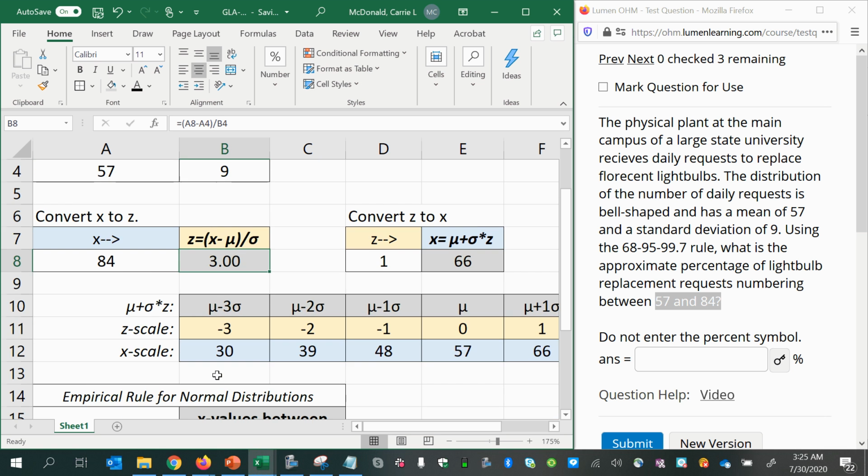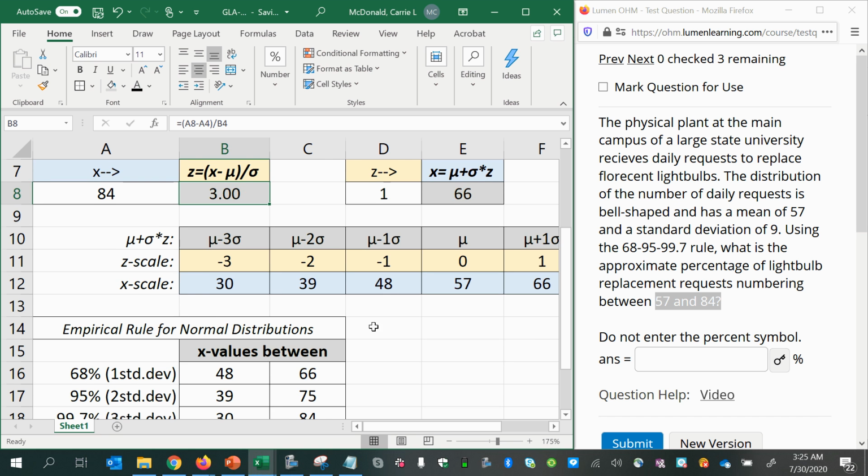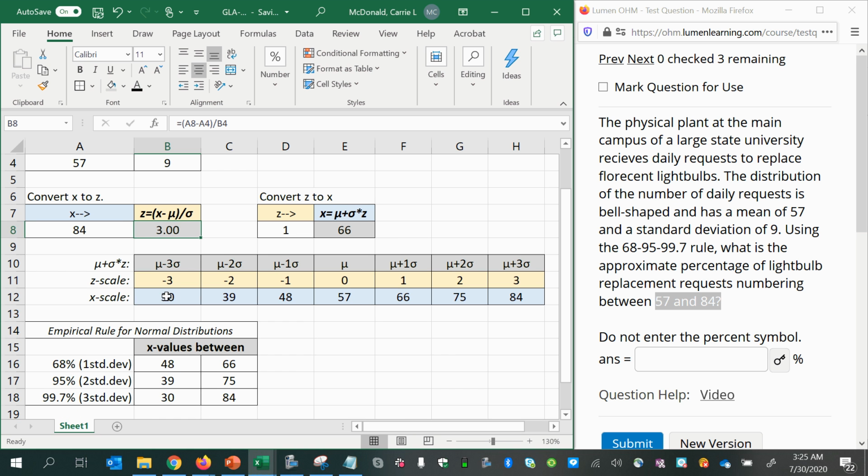So normally, if you're going all the way from -3 to +3, you would have 99.7% between 30 and 84. 3 standard deviations below the mean and 3 standard deviations above the mean.